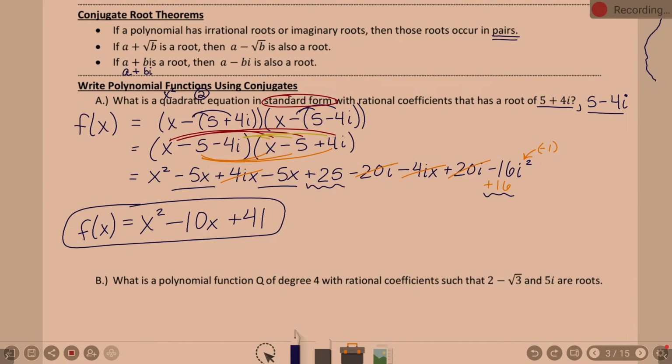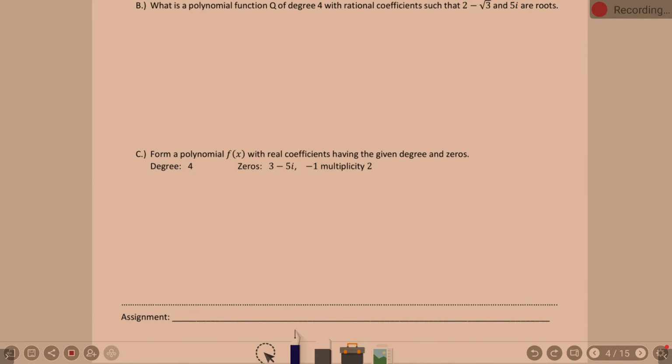Okay, B. You guys have what you need from this screen, right? B and C are the same type of thing, just variations. Again, you have to be careful. B asks, what is a polynomial function Q, just a random name, of degree 4 with rational coefficients such that 2 minus square root of 3 and 5i are roots.